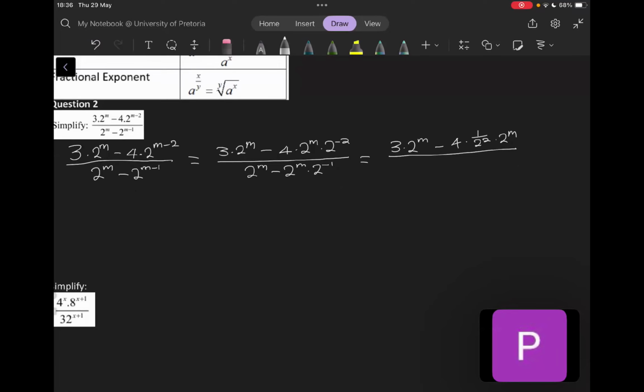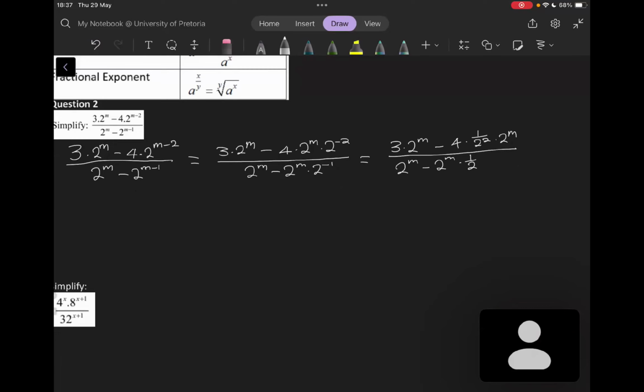So that's the numerator. Let's move on to the denominator. You have 2 to the power of m minus 2 to the power of m times a half. If we simplify this further, rather, let me not jump steps to make sure that everybody understands.